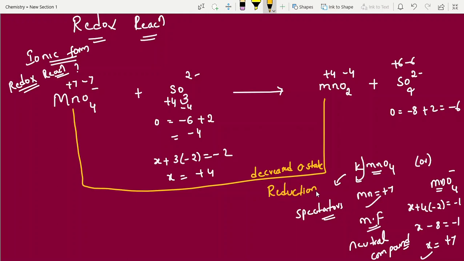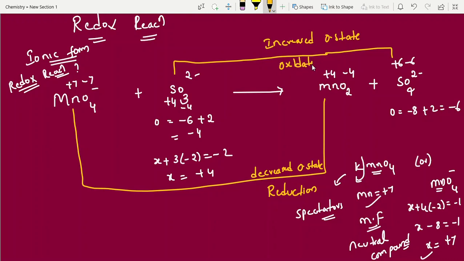That's it. Now here +4 to +6. What is this? Increased oxidation state. What do we call it? Oxidation. See here also one is undergoing oxidation, one is undergoing reduction. That we call a redox reaction.